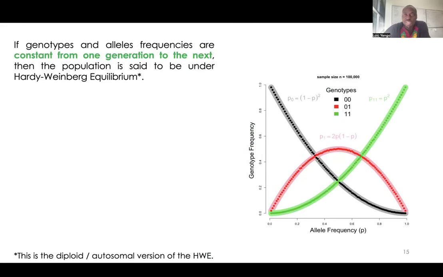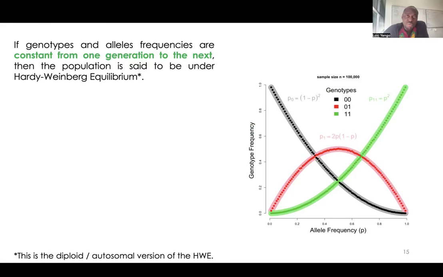So here I've changed the notation a little bit, just to simplify. We still recognize our 00 genotypes, 01 and 11 genotypes. But for simplicity, I denote small p as the frequency of the 1 allele, which is now shown on the x-axis. And each of the curves now represents the genotype frequencies.